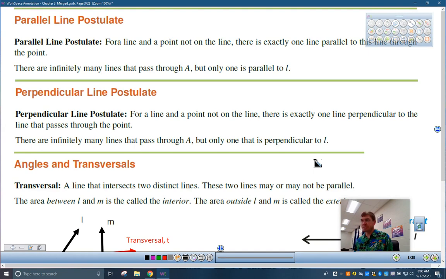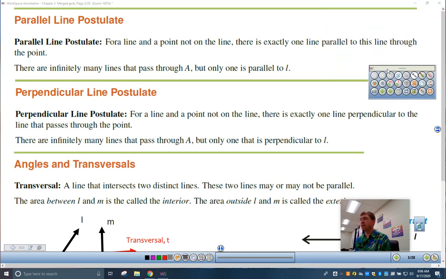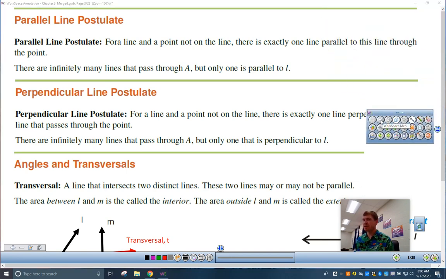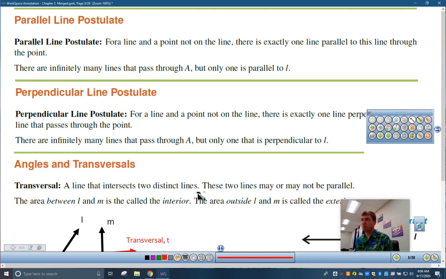Okay, parallel line postulate. For a line and a point not on that line, there's exactly one line parallel to the line through that point. And that's wordier than it sounds when you just draw it out. Here's a line. Here's a point not on that line. There's only one line that can pass through that point and be parallel to the first line.